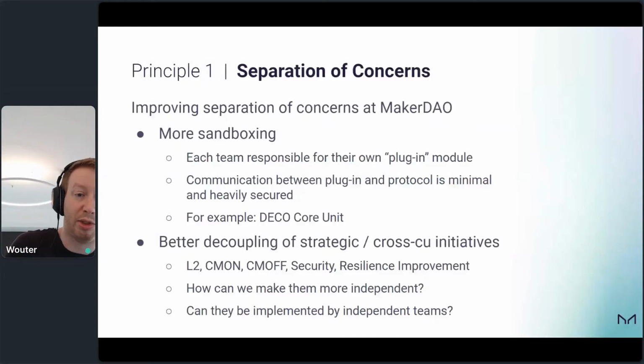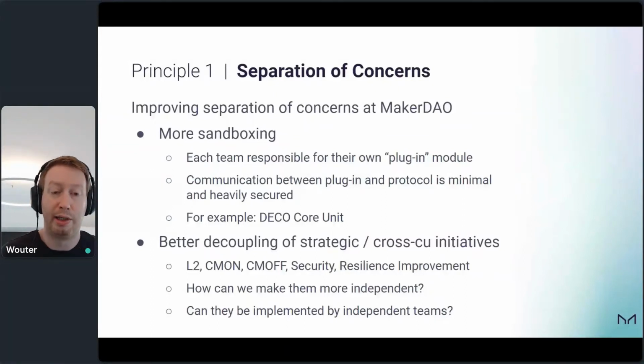The way SES has been applying this principle in the past is we've tried to improve the separation of concerns at MakerDAO. So we've talked a lot about sandboxing, definitely in the beginning when SES was formed. So the idea of sandboxing is to parallelize smart contracts work, and indeed it's all about separation of concerns.